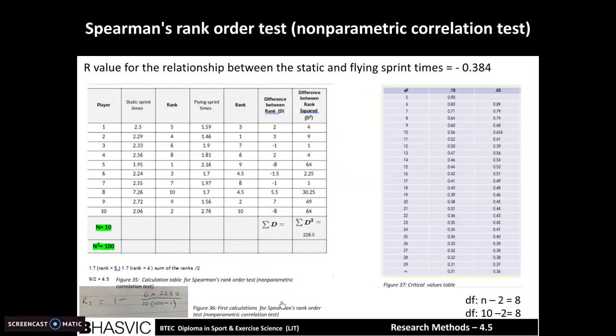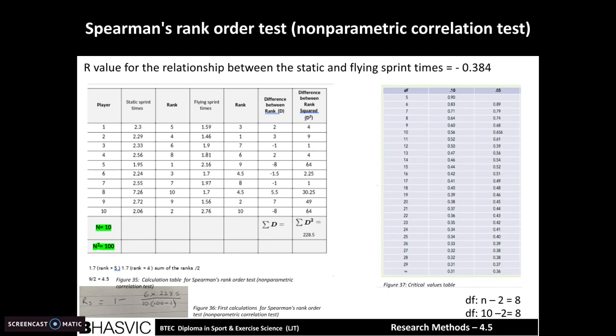Once again, once the R value is found, it is compared to the critical values table. So if the calculated value is greater than the critical value, then the finding is significant. If there is duplicated data in the dataset, then the researcher would take what the rank values would be from the set of data, then add up the rank values and divide by how many values were duplicated.